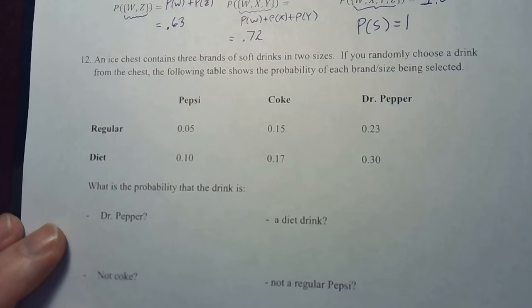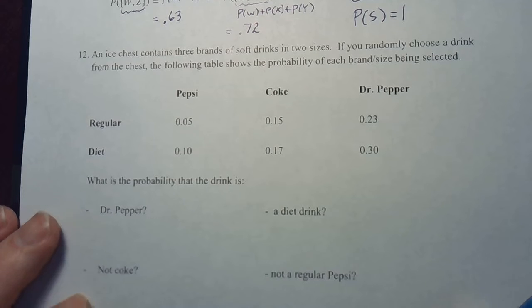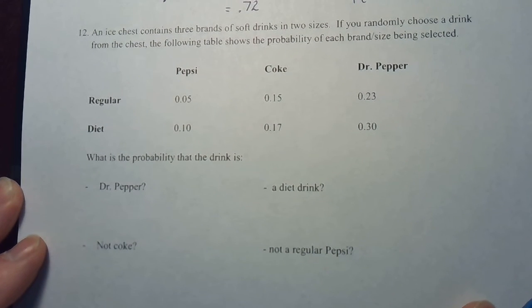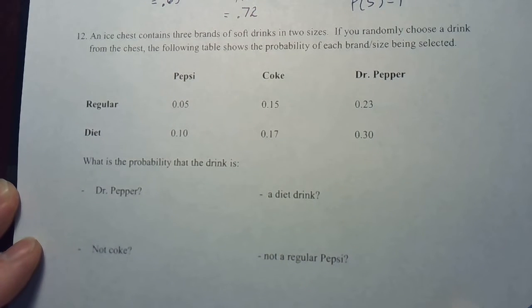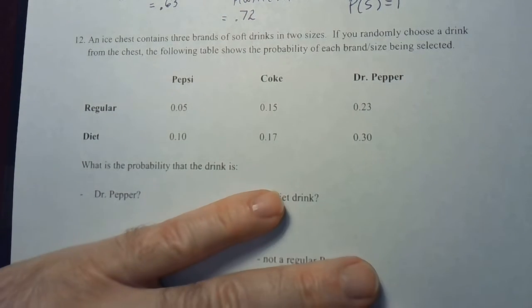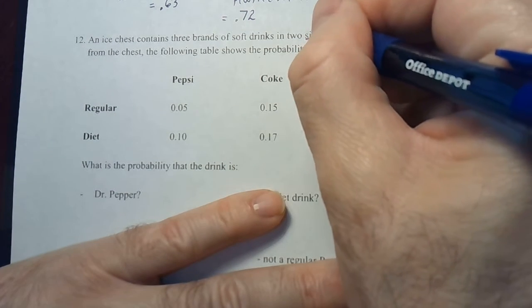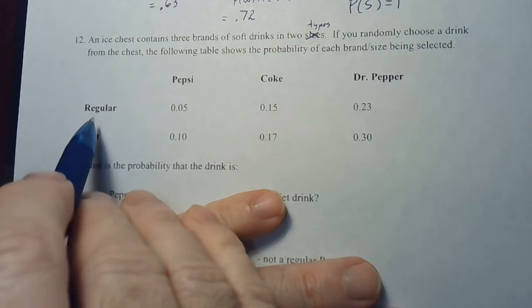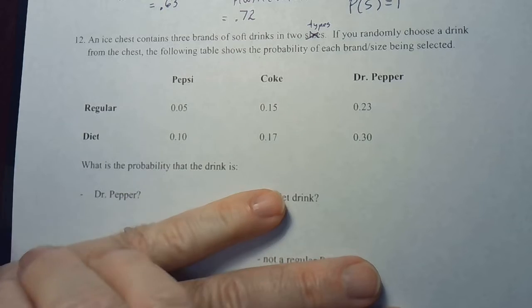Number 12. An ice chest contains 3 brands of soft drinks in 2 types. Actually, it's not 2 sizes, we'll call it 2 types. Regular and diet. It's not large and medium.